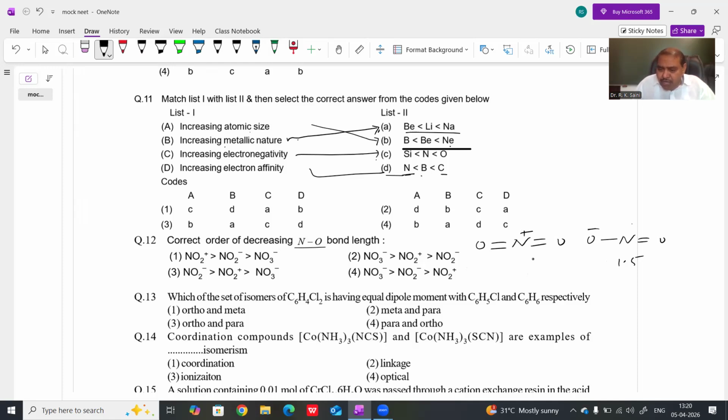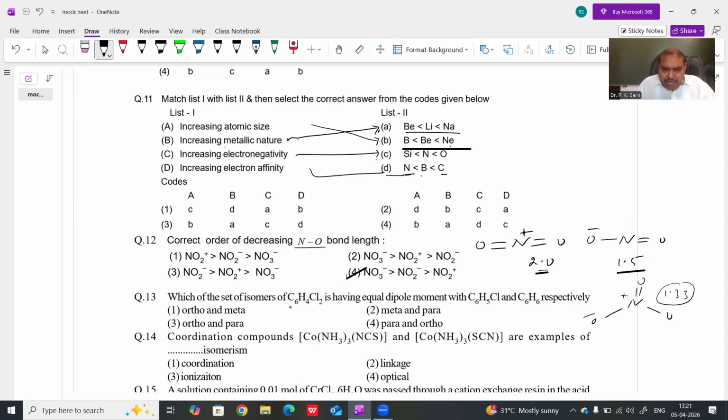In the nitrate ion, the bond order is 1.33 because the fourth bond is divided into 3 parts during resonance. So the nitrogen-oxygen bond length is highest in nitrate ion, then smaller in nitrite, and very small in nitronium NO2 positive, and hence option 4 is correct.